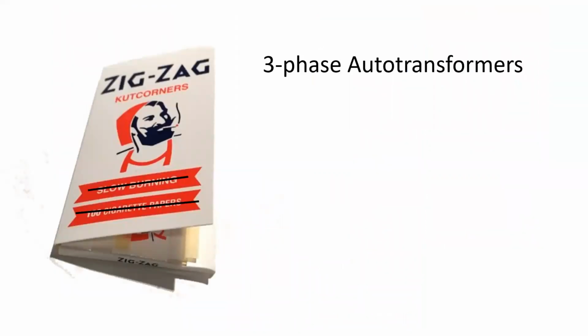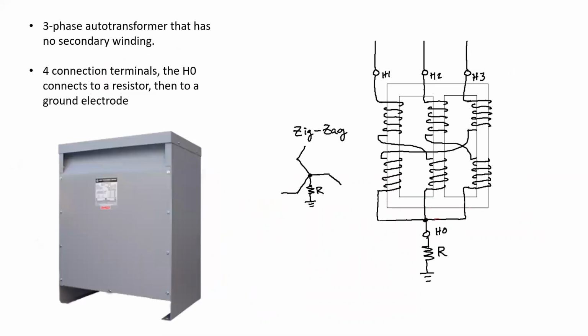Finally, zigzag three-phase auto transformers. They're also known as zigzag grounding transformers or zero sequence transformers. Now, a three-phase auto transformer that has no secondary winding is what a zigzag transformer is. There's four connection terminals, and the H0 connects to a resistor, which then goes down to a ground electrode.